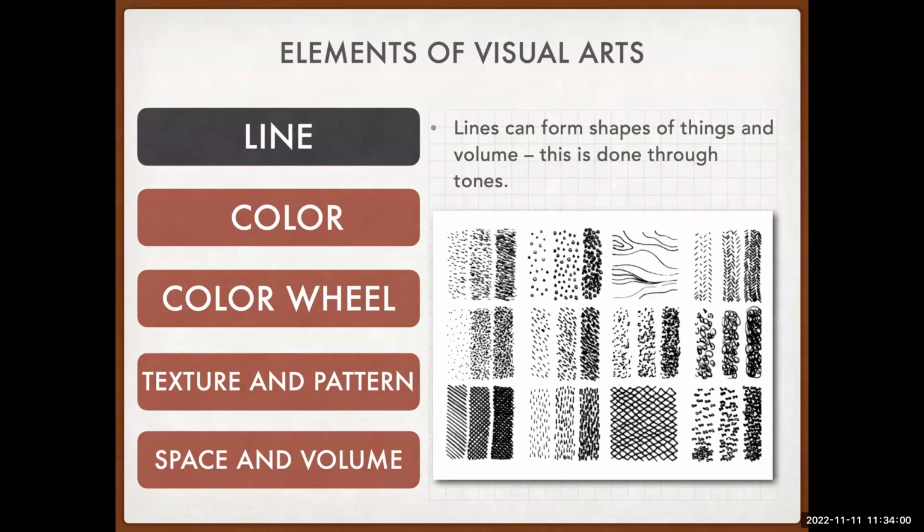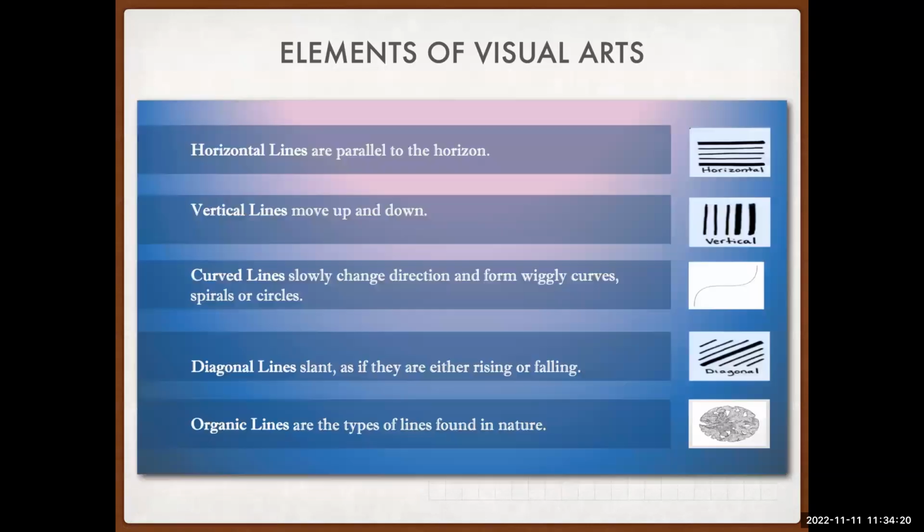This is done through tones, such as the examples below. Makita ninyo, there are dotted lines, there are examples of diagonal lines. So basically, all of these shapes and volumes are still formed by lines. It's just that it is done through tones of the art material or the shape or volume.